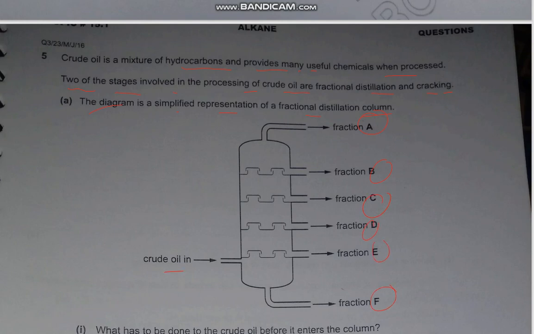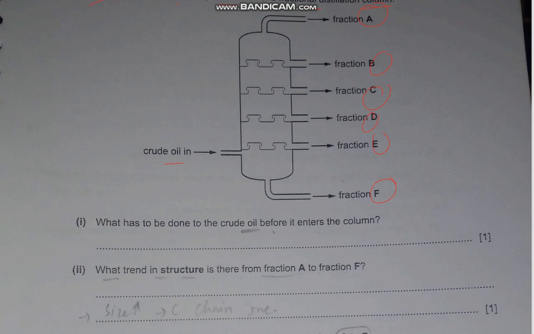Question: what has to be done with the crude oil before it enters the column? Actually, we boil the material, or we vaporize it to enter the fractional distillation tower.